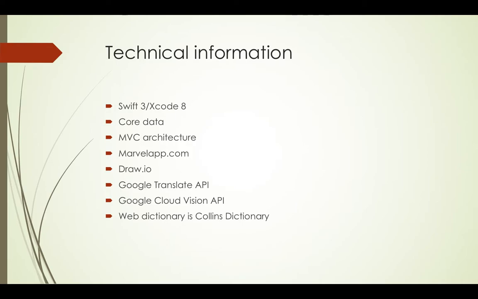The Google Translate API will help us to detect the language and get the short definition of the vocabulary. And the Google Cloud Vision API can detect the text from the image and then extract it. And for the web dictionary, we use Collins Dictionary, which supports German, French, Spanish, and English.